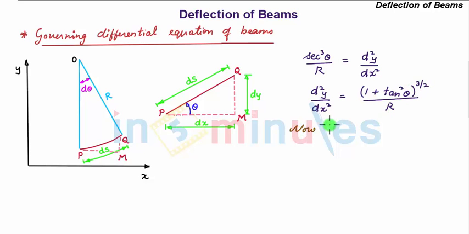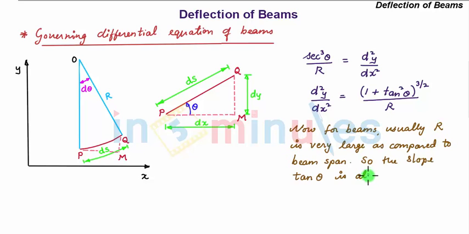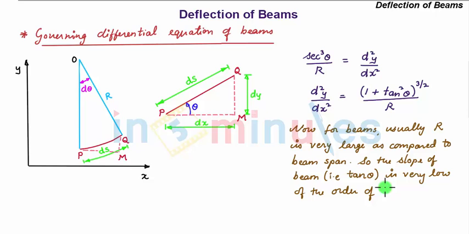Now for beams, usually r is very large as compared to beam span, and the slope of the beam, which is given by tan theta, is also very low, of the order of 0.001 radian.